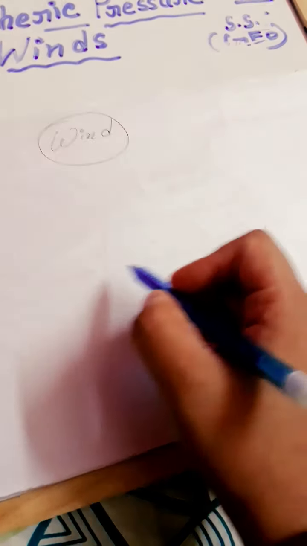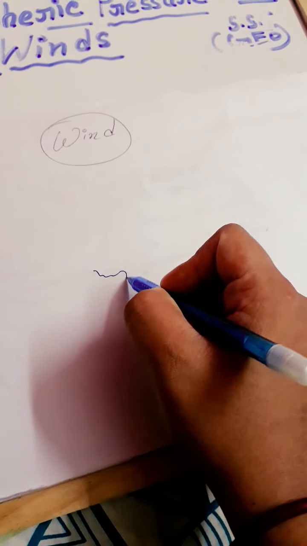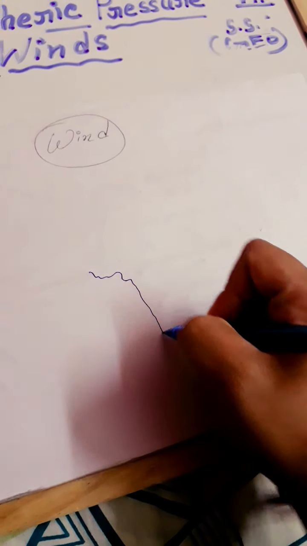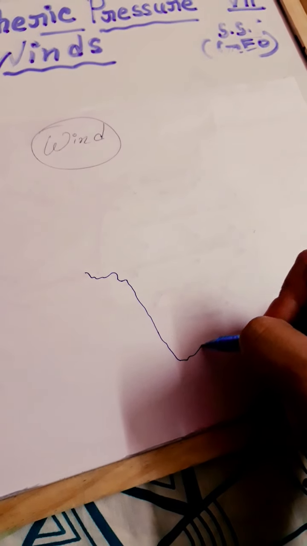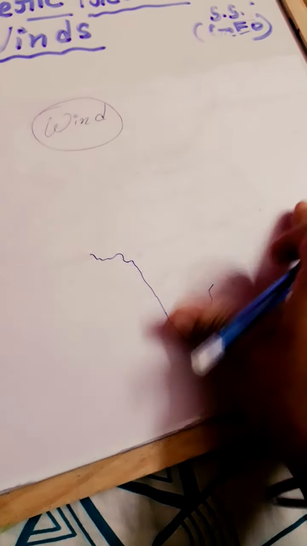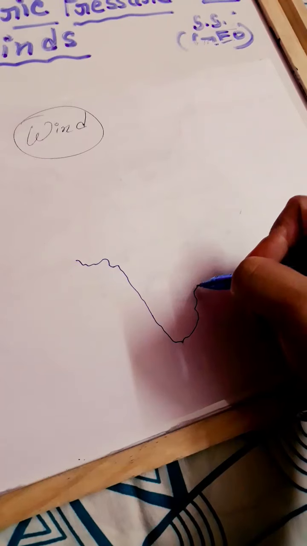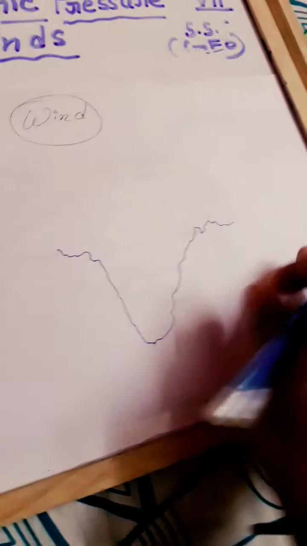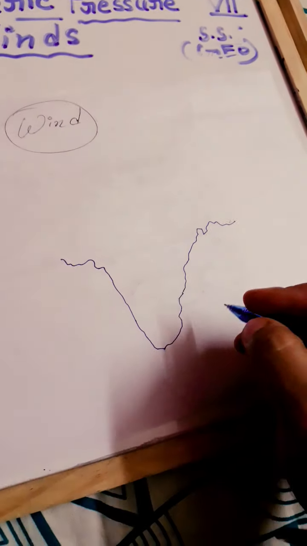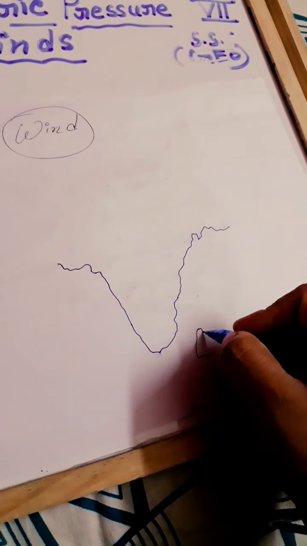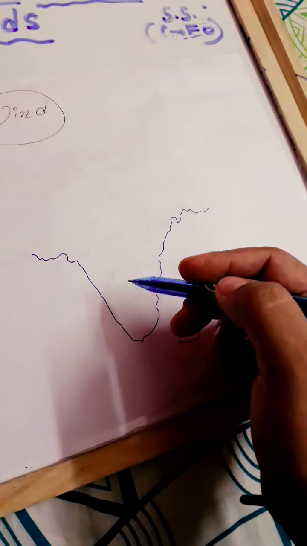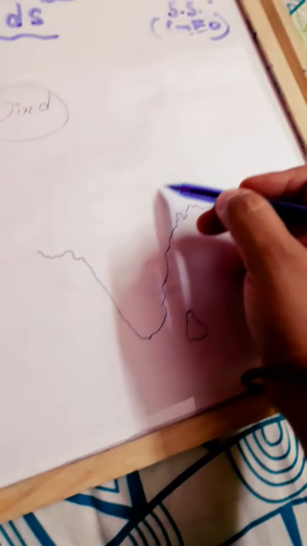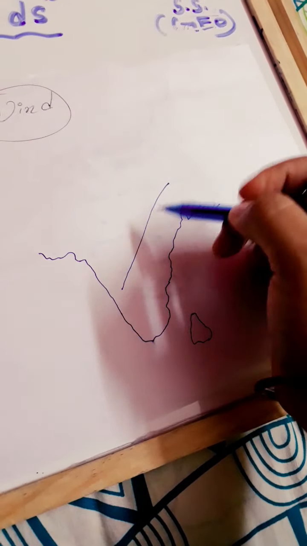Suppose this is the southernmost portion of our country, and suppose the winds are blown from this side.